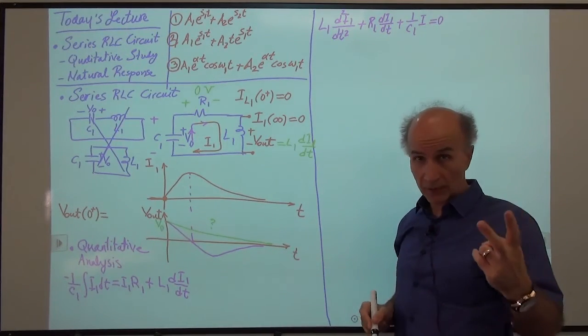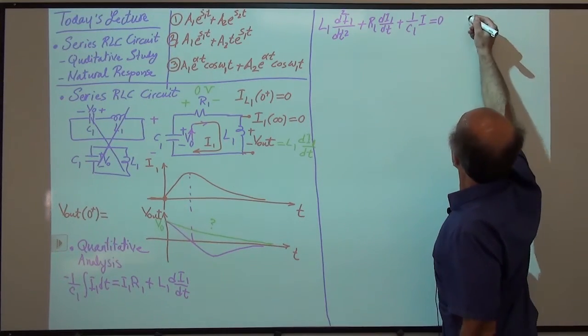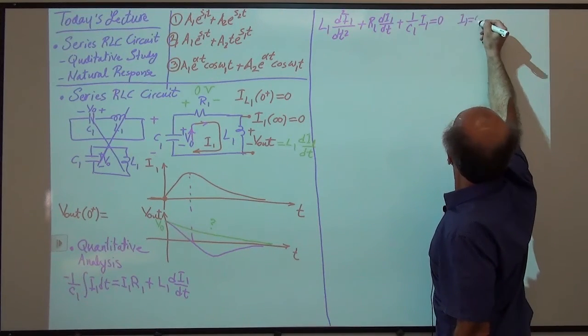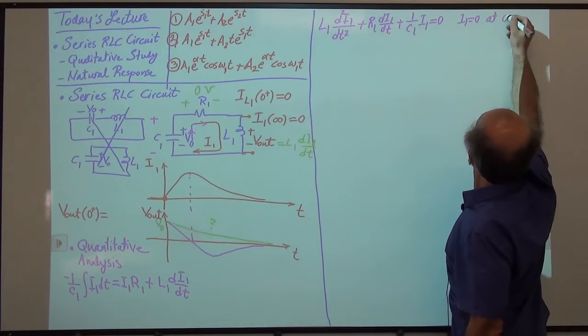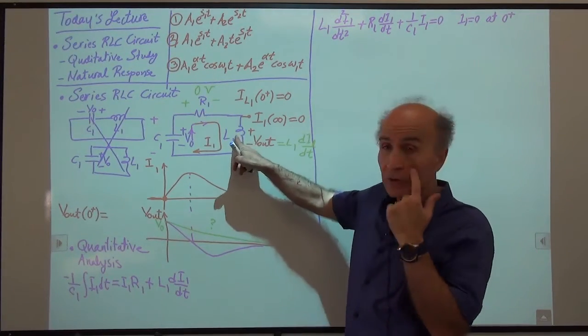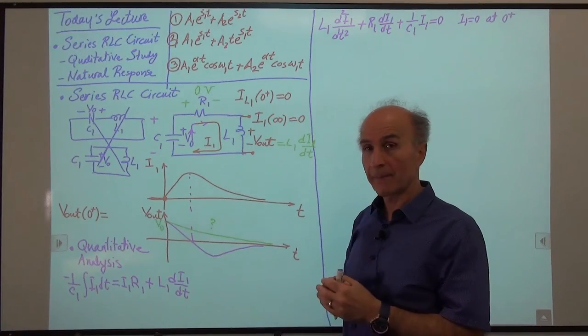Subject to two initial conditions, always, right? It's second order. So initial conditions are what? i1 is equal to 0 at 0 plus. So that's one thing we know. Why? Because the inductor started out with the 0 initial condition, so that has to be satisfied.